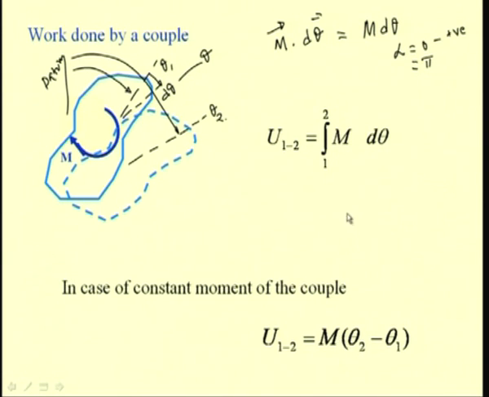So, from our understanding of the work done by a force for an infinitesimal displacement, we have found the work done by the force and the moment for finite displacement. Now this work done can be associated with what we call the potential energy, particularly for conservative forces.